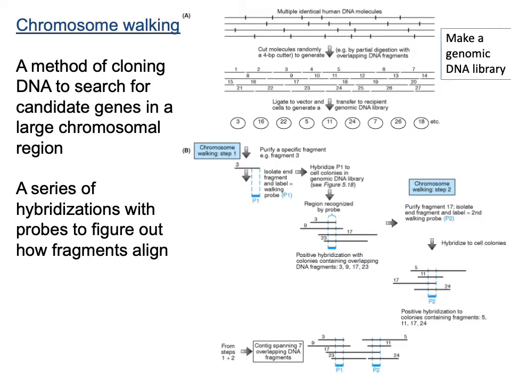We're not going to go into the details of exactly how you do this, but it's basically a series of Southern blots, a lot of hybridizations, using sequential probes to figure out how these different chunks of DNA line up together, and basically trying to get the structure of that section of the chromosome. Once you have those pieces of DNA in the right order, you can then test to see if they meet the criteria you would expect for the cystic fibrosis gene.